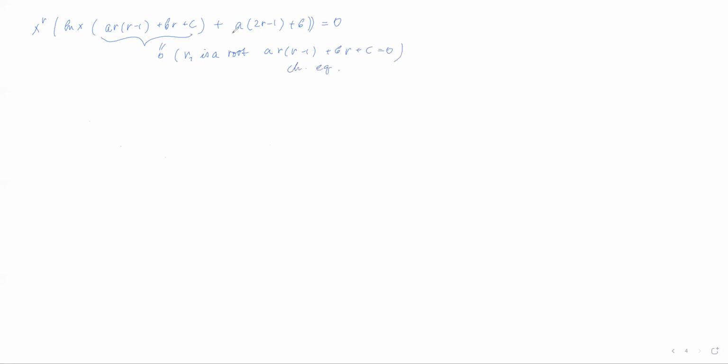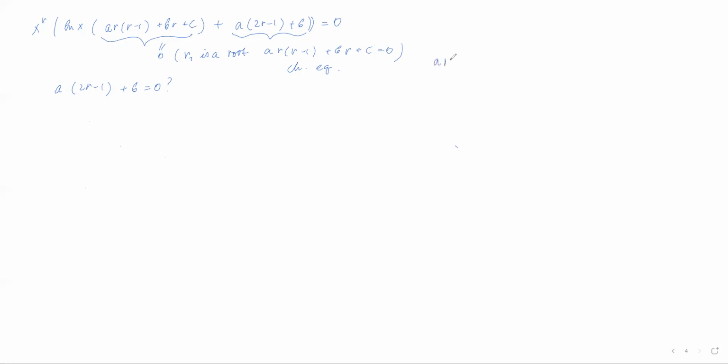The question is, what about this? Is it going to be equal to 0 or not? I'm going to write it down separately. A (2r minus 1) plus b, is it equal to 0? Well, if we simplify this equation and turn it into quadratic form, we are going to have what?